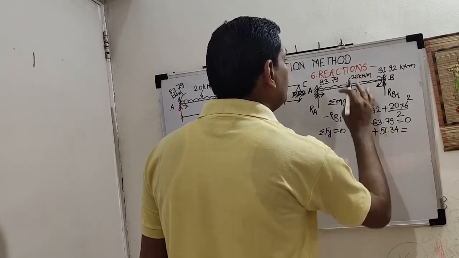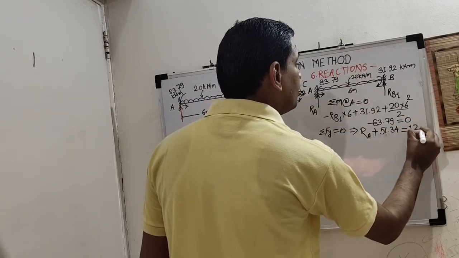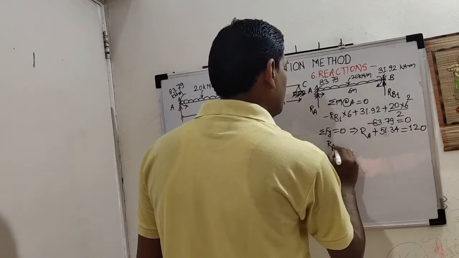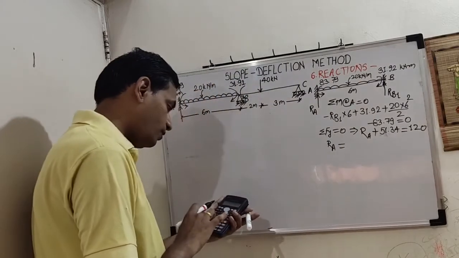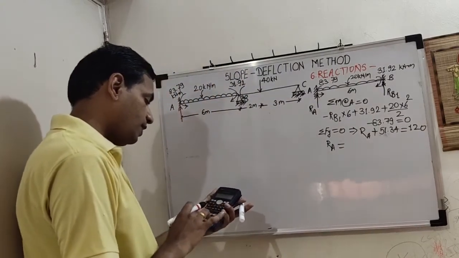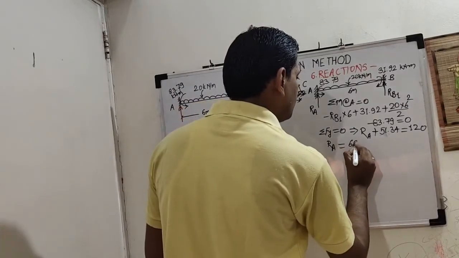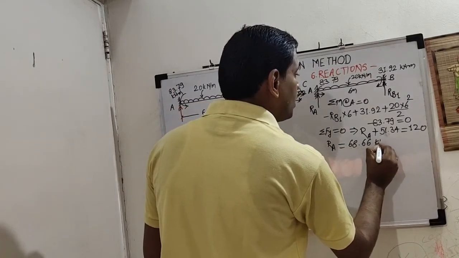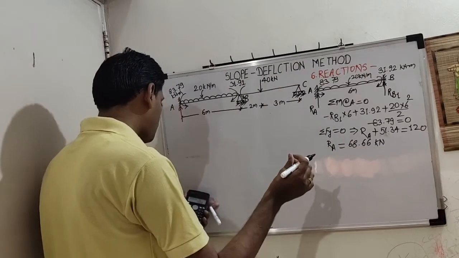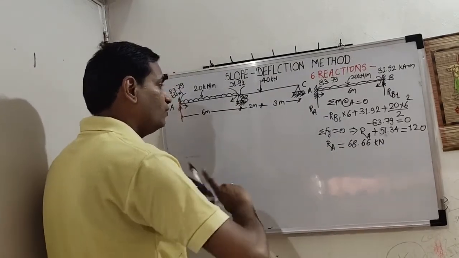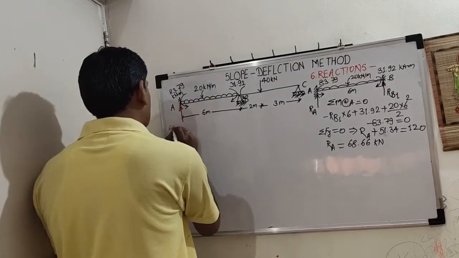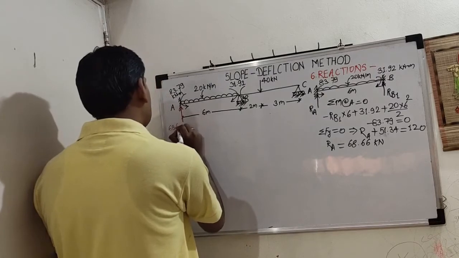It is equal to 20 into 6, 120. So RA from this will be 120 minus 51.34, 68.66. So RA is 68.66, not 51.34. So let us write here 68.66.